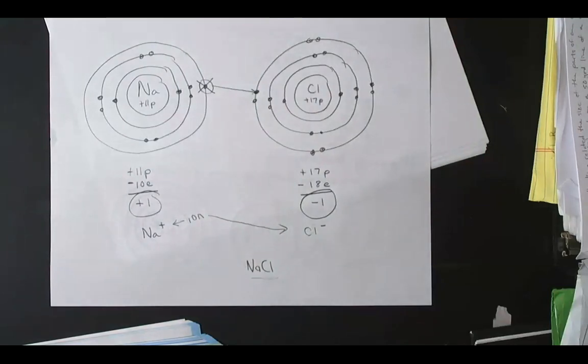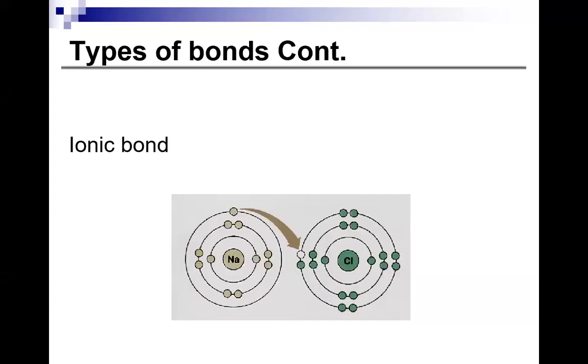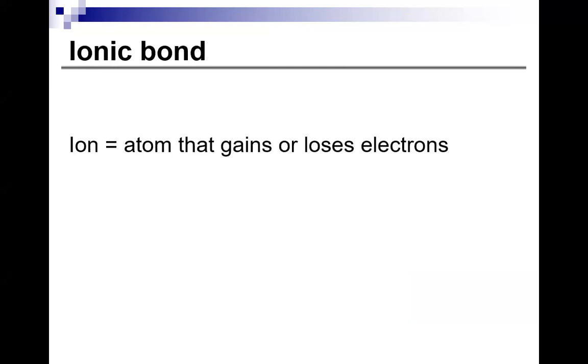That's different from our covalent bonds, remember, where they were physically overlapping their orbitals and sharing. With the ionic bonds, they transfer electrons, they become charged particles, which are ions, and then those ions are attracted to each other, forming ionic bonds.